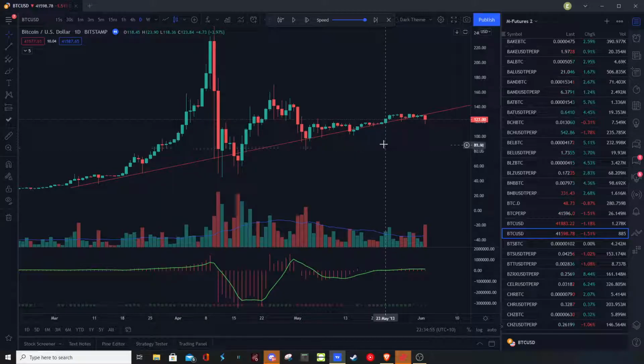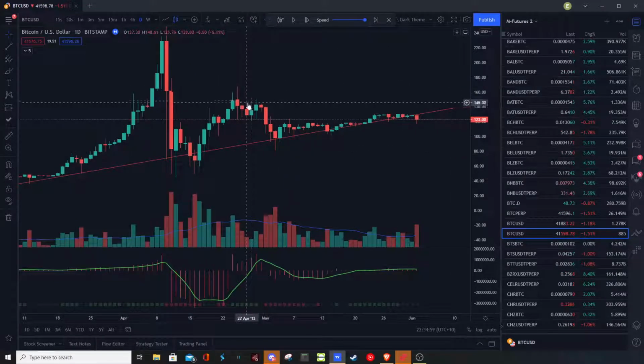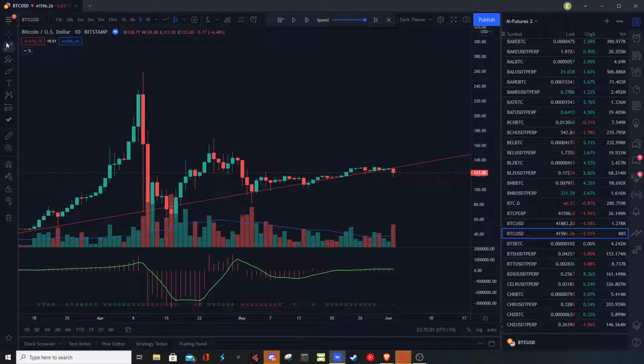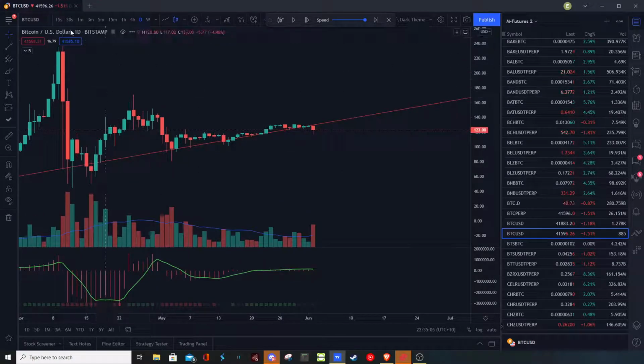3 touches like that. So I've sort of broken trend here. Nothing there, there's nothing there. Alright.